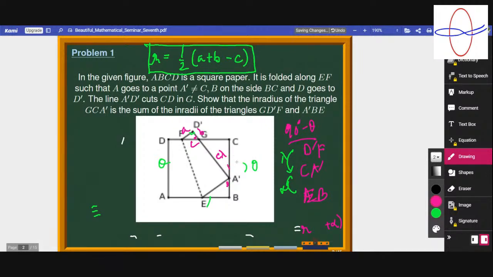This is A lambda. And this is B lambda. Okay, this is C lambda. Therefore, this is C lambda by alpha. This will be B lambda by alpha, and this will be A lambda by alpha. Okay, we need to show that alpha plus lambda equals 1.